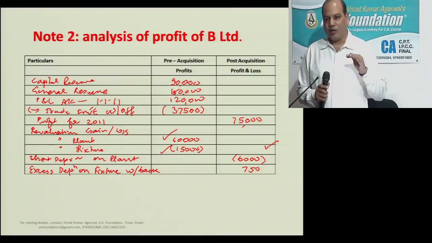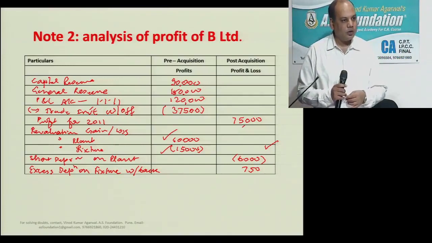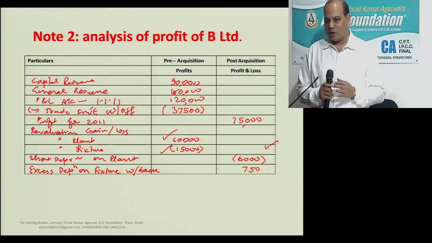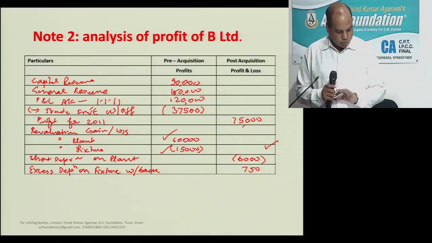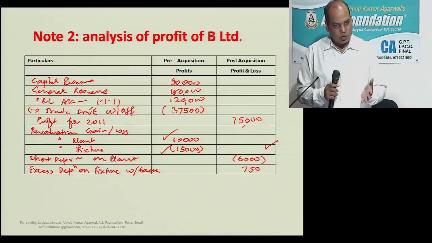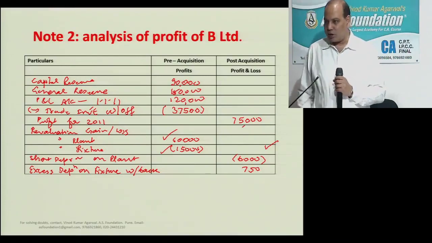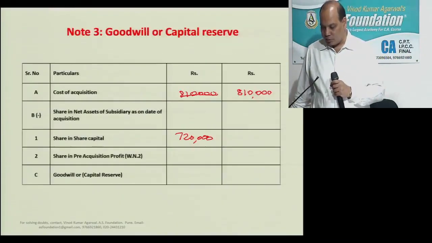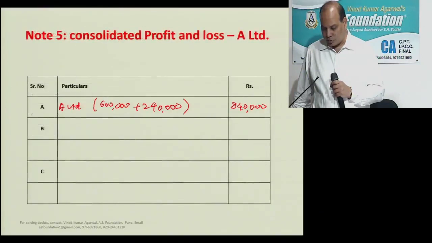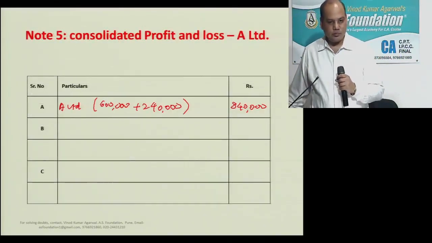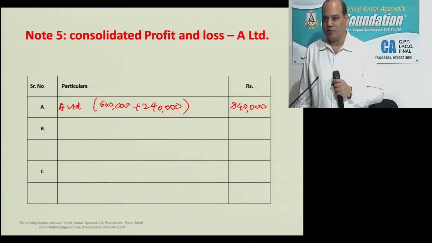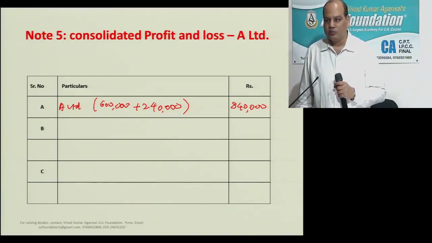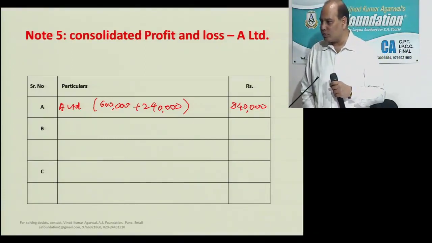Consolidated P&L account debit to stock account. Why consolidated P&L account? Because it is a downstream transaction. Who has sold to whom? Holding has sold to subsidiary. So holding has made the profit. If holding has made the profit, then we will reduce it from the profit of the holding company. So that minority interest does not get affected, because minority has nothing to do with this number, is it right?